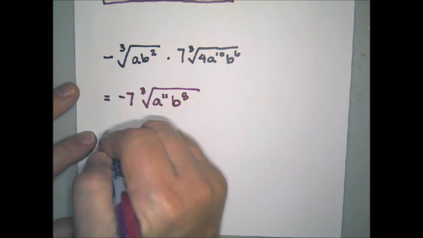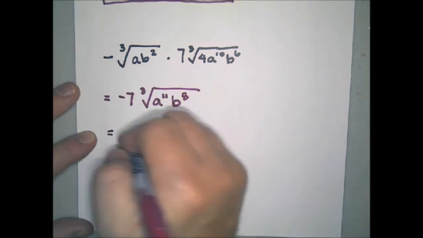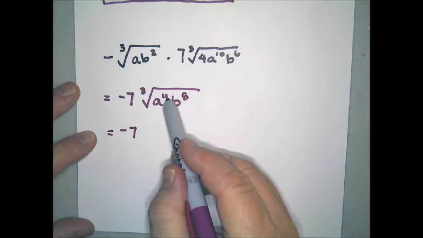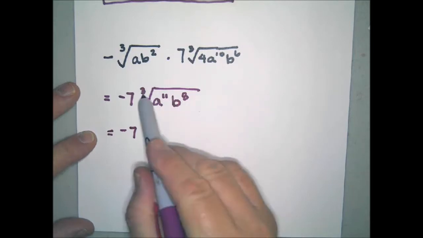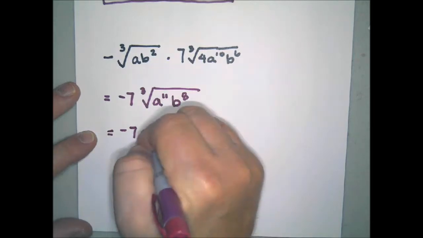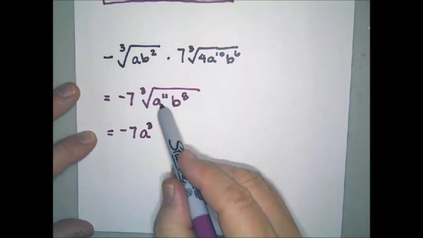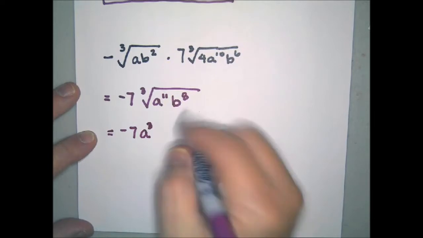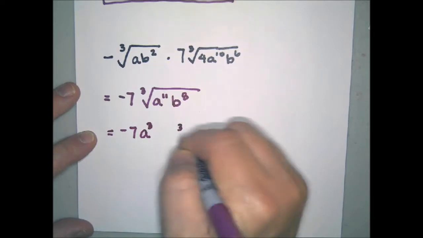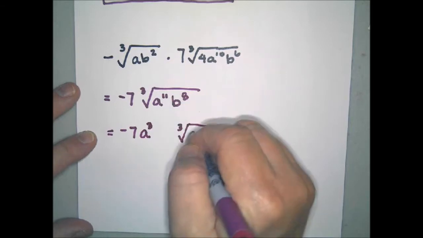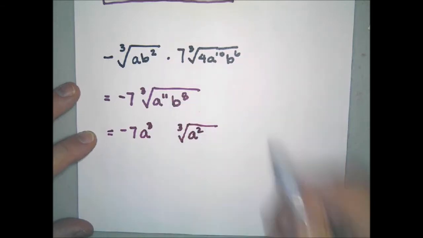Now it's time to clean up our answer. I still have -7. Now, if I had a to the 11th, how many groups of 3 am I going to get? I'm going to get 3, a cubed, and it's going to take 9 a's for that to happen. It's going to use up 9 of those a's, which means a squared stays inside.